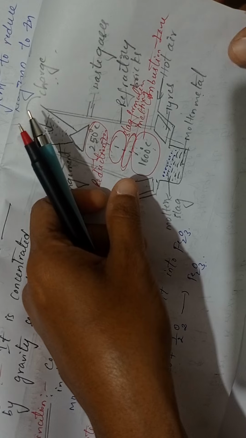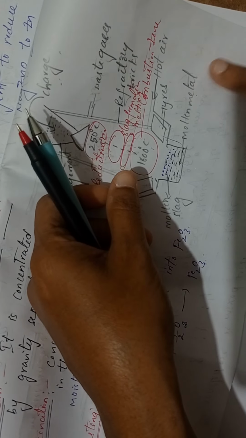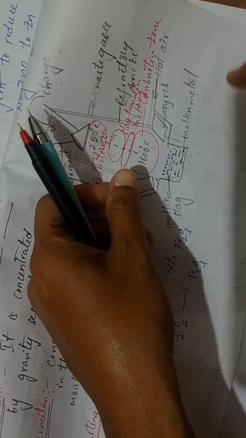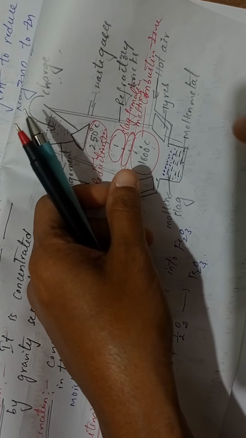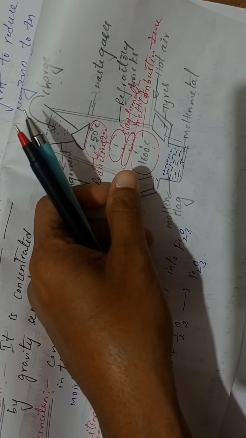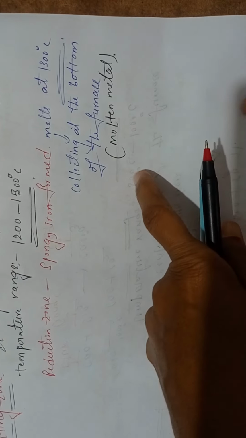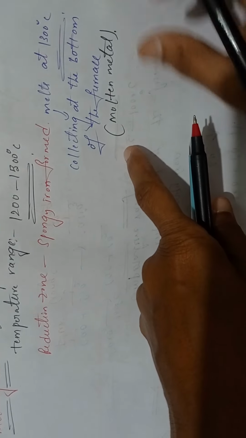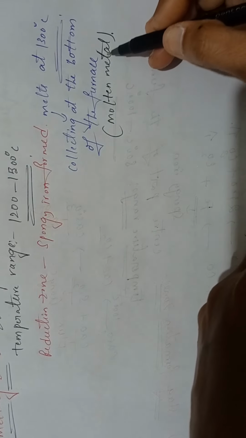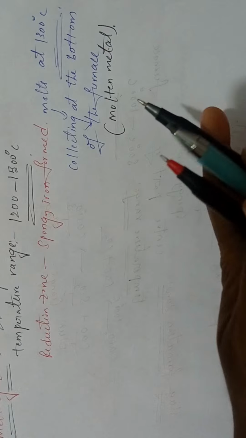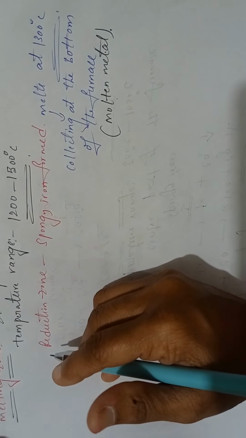Are you clear? So here what we got is molten metal. When that molten iron is run into the molds, it will solidify, students. This molten metal is collecting at the bottom of the furnace. And what is slag, students?